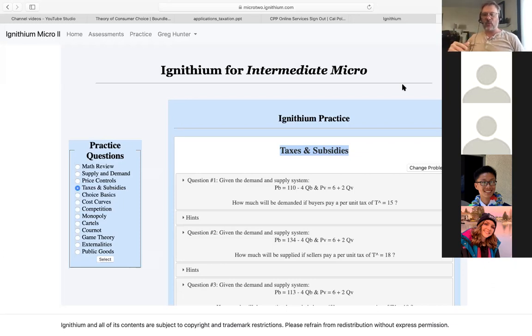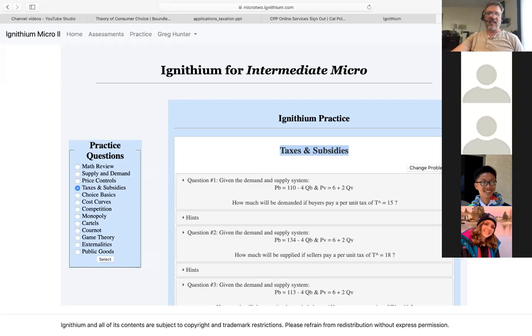You'll have all your Ignithium questions, and then it'll be like, explain in your own words or demonstrate the first fundamental welfare theorem. It is supposed to be pretty straightforward, but if you don't remember it, it will inhibit you from otherwise doing really well in the class.